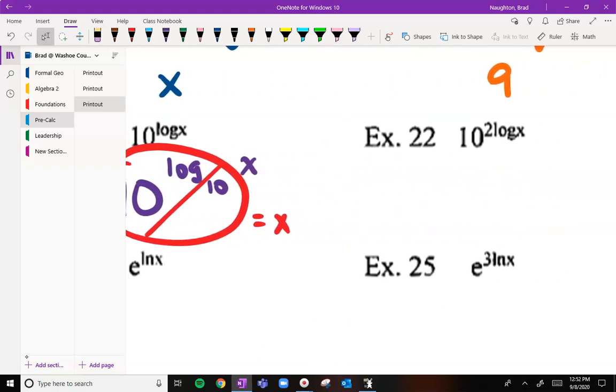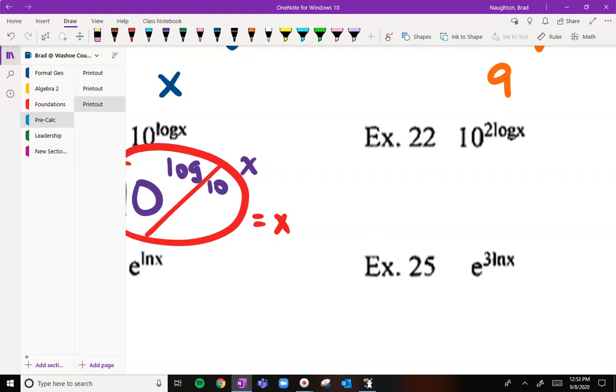All righty. So, ladies and gentlemen, this is an important one here, and it goes back to another one of our log rules. So here we have 2 log x, and what we'd really love is for this 2 not to be there, because then I could just make it x, right?